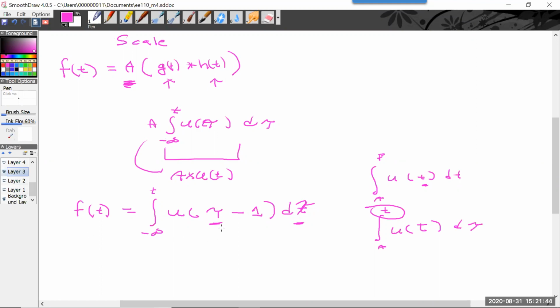All right. Now, the thing is this one's actually not that hard to do because this will be for tau less than 1, it's going to be 0, and tau greater than or equal to 1, it'll equal 1.